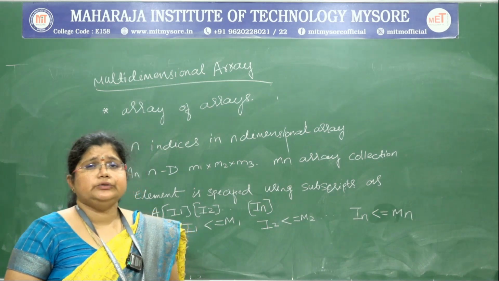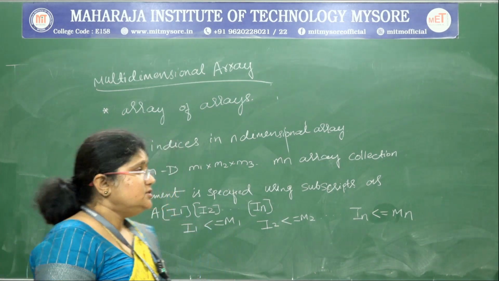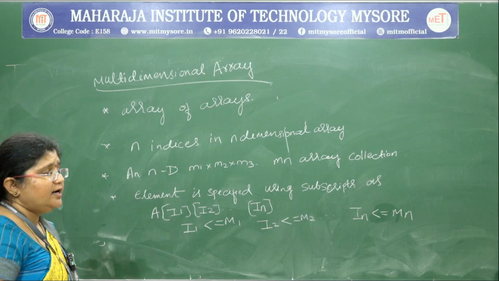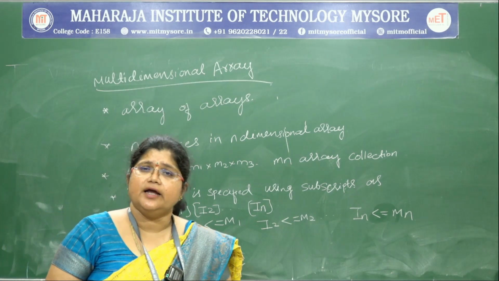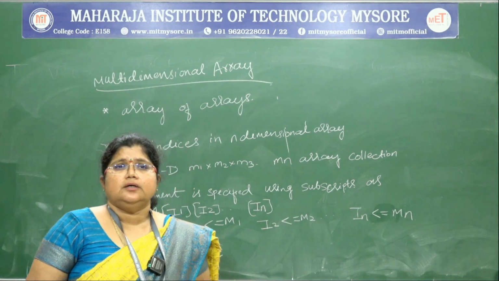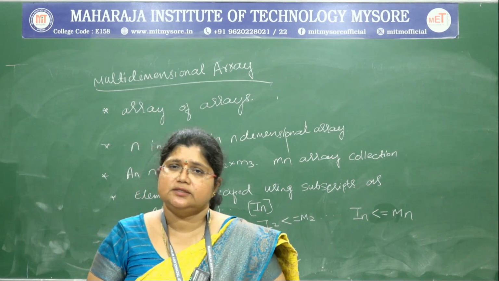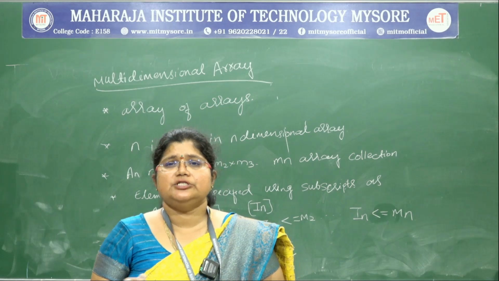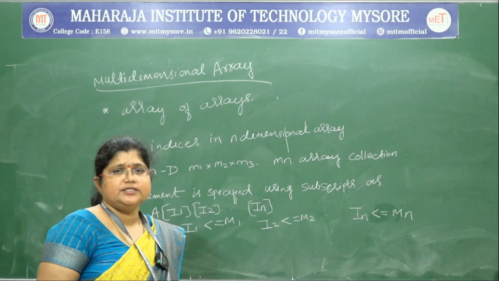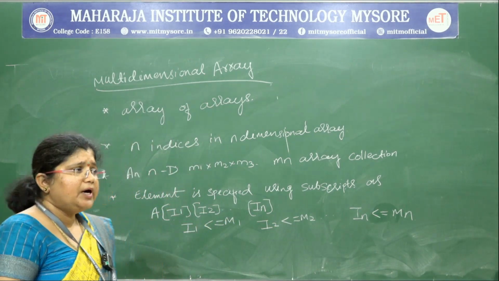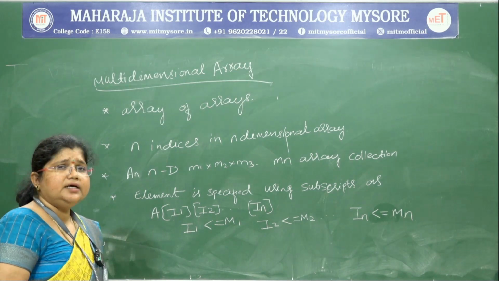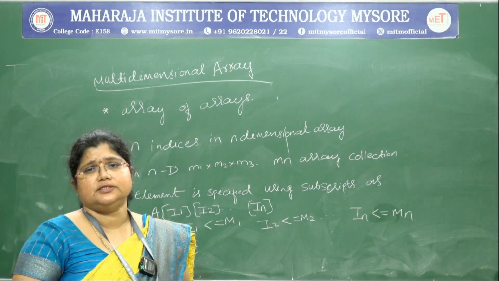Now let us move on to the multi-dimensional array. The multi-dimensional array is also called an array of arrays. A one-dimensional array contains one index. Next, a two-dimensional array contains two indices. Whereas a multi-dimensional array contains n number of indices.